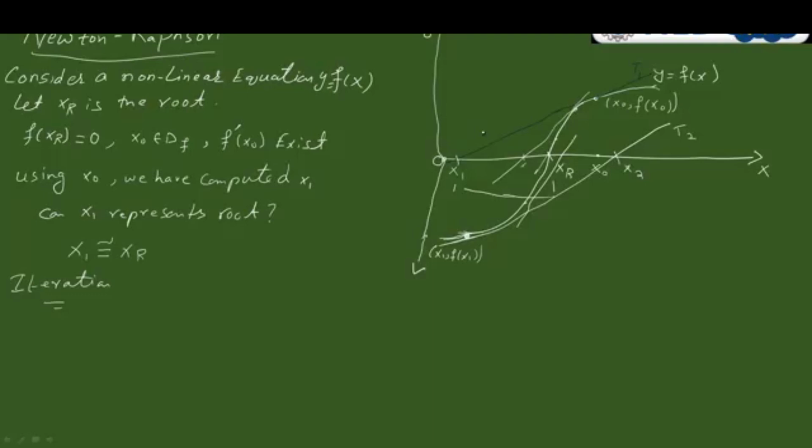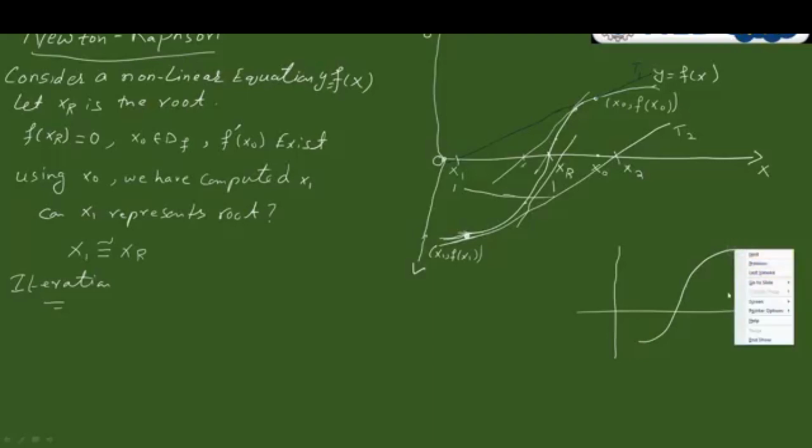Okay, so for that let's have another graph just for understanding. For example, if this is the graph, and you are repeating some process, suddenly at any iteration you find a point here.